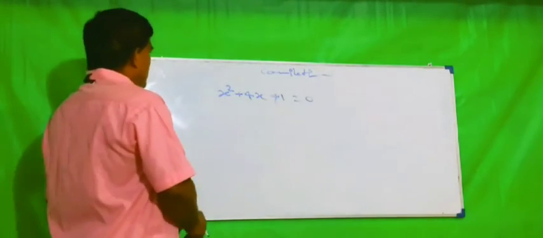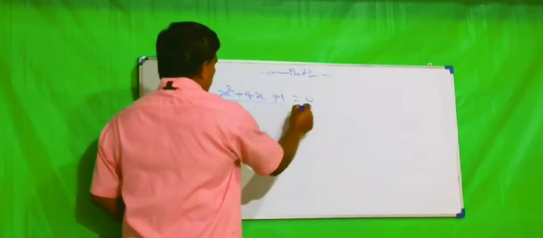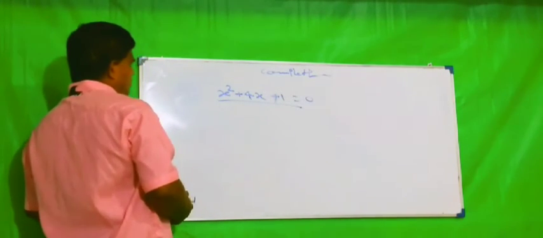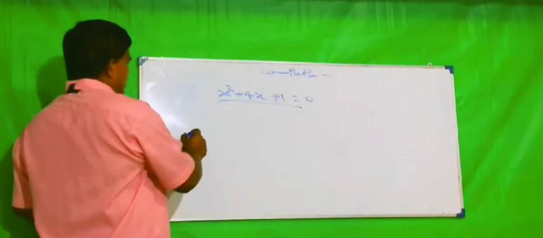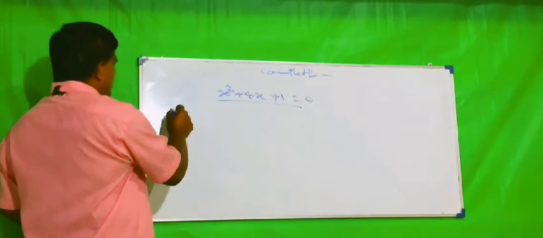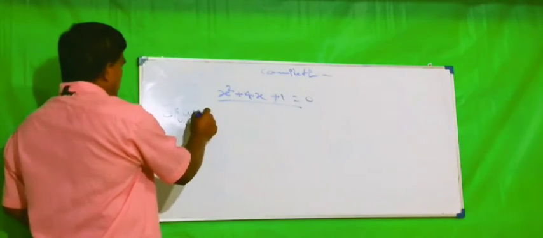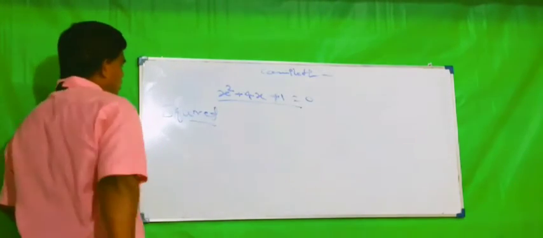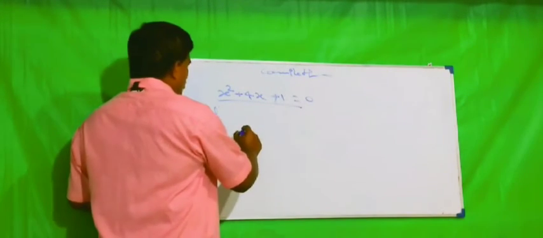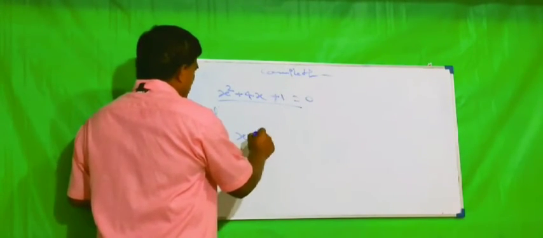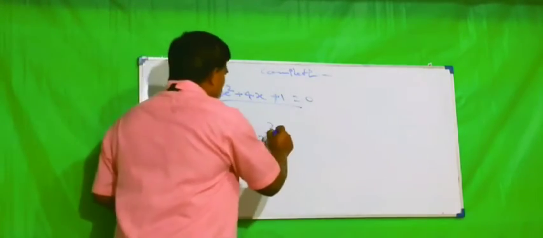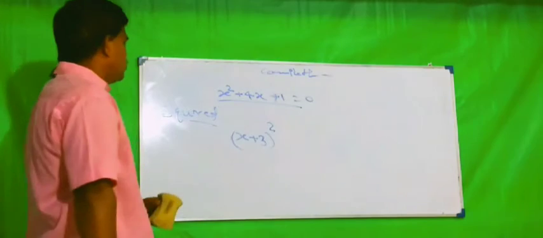Before solving this equation, let me remind you about the square you learned in grade 10. A square means this one: if we take x plus 3 squared.